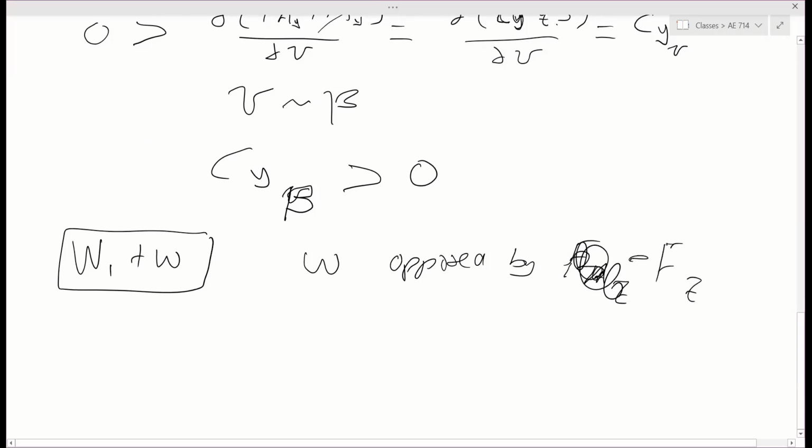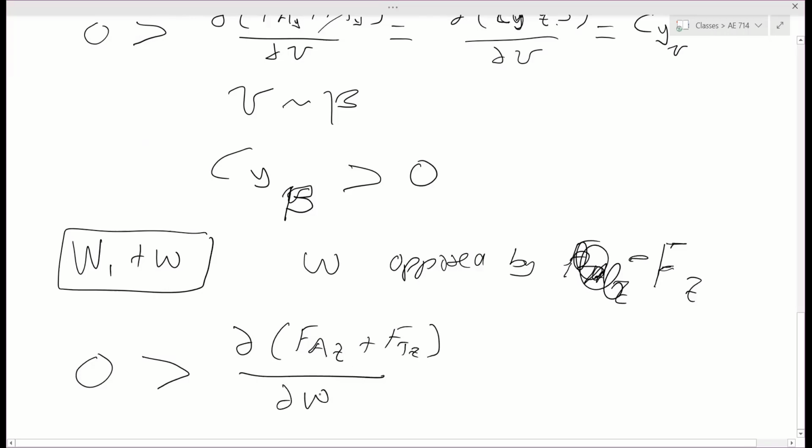It's going to be in the negative direction because we want the force to oppose the disturbance. So the formula is going to look exactly the same, except now we're talking about the Z direction and a W disturbance. So the change in the force should be less than 0.